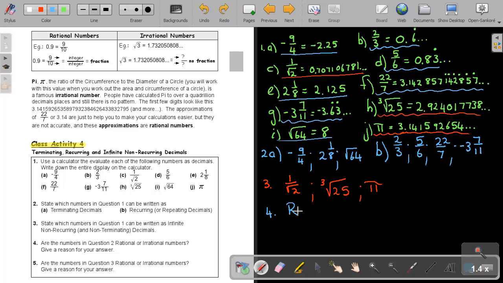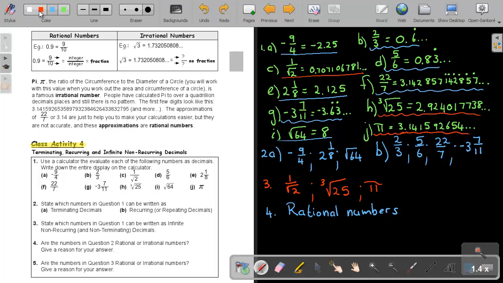So they are all rational numbers. Because they can be written as, okay, let's just write it nicely. So we can say they are all rational numbers. All the numbers are written as a fraction A/B, where A and B are integers. You can write something like that.